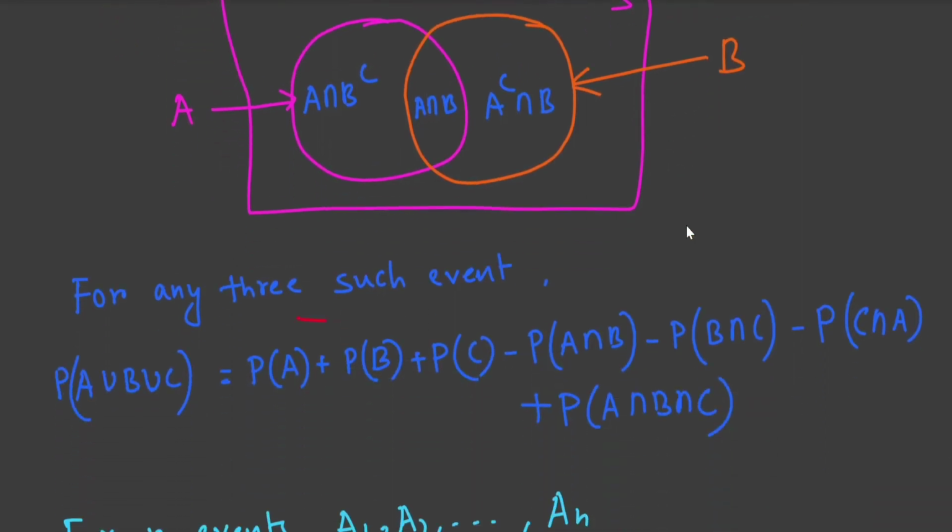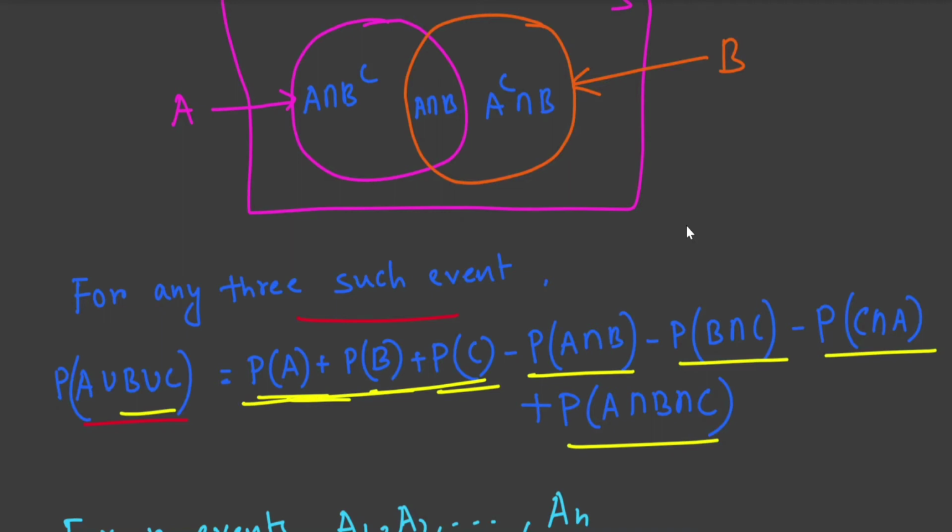For any three events A, B and C, we can write probability of A union B union C equal to probability of A plus probability of B plus probability of C minus probability of A intersection B minus probability of B intersection C minus probability of C intersection A plus probability of A intersection B intersection C. So first, taking one event at a time, the probability is a positive term; then taking two events at a time, the probability of intersection of any two events has a negative sign; and three at a time with positive sign.